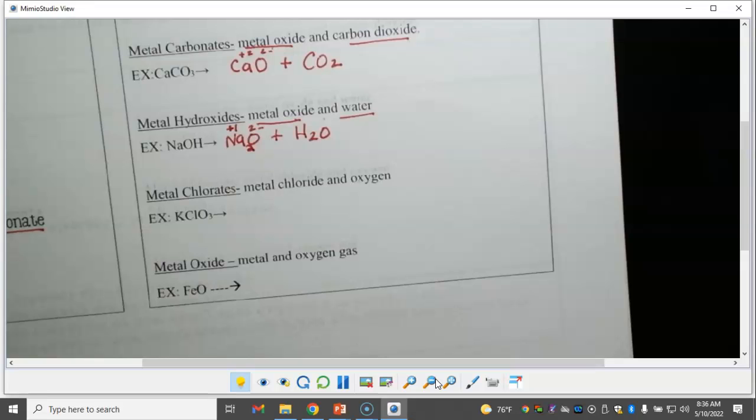All sulfates are going to be aqueous unless bonded to one of these three, then it's going to be solid. Sulfides bonded to ammonium will be aqueous. Sulfides bonded to group 1 or group 2 elements will be aqueous. Everything else sulfur is bonded to is going to be solid.